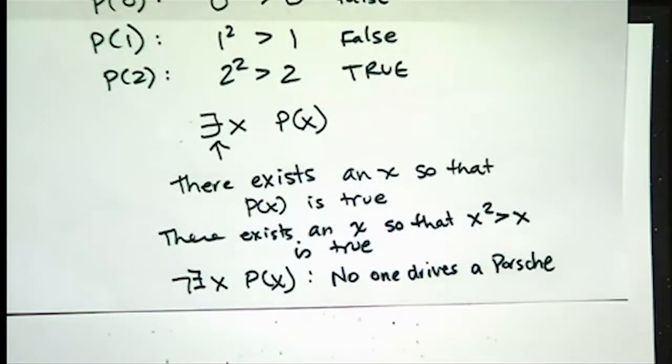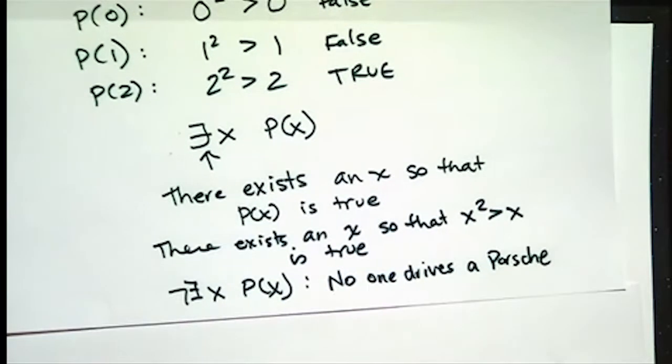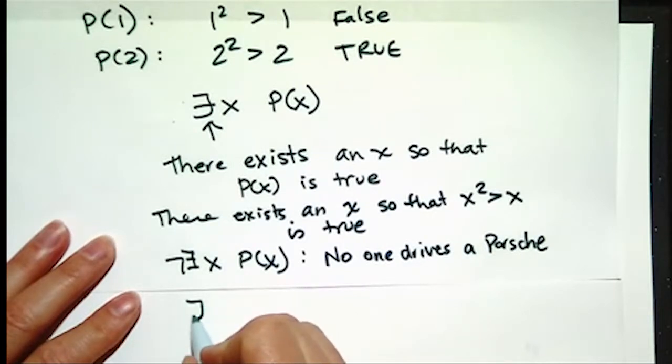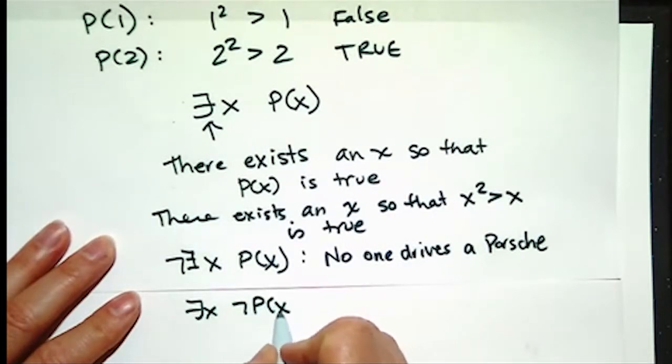So you got to be really careful what nots are. If the not were actually in front of the P of X, what would the sentence be? There is a person who doesn't drive a Porsche. That's obviously true, right? So how would I write it in regular English?